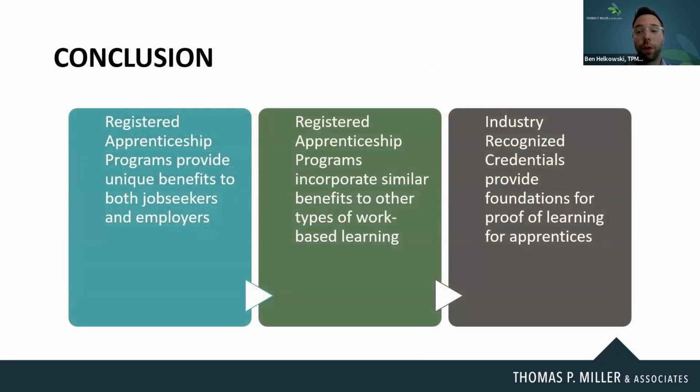So to recap what we went over during session 2, registered apprenticeship programs provide unique benefits to both job seekers and employers. Registered apprenticeship programs incorporate similar benefits to other types of work-based learning. And industry-recognized credentials provide foundations for proof of learning for apprentices.